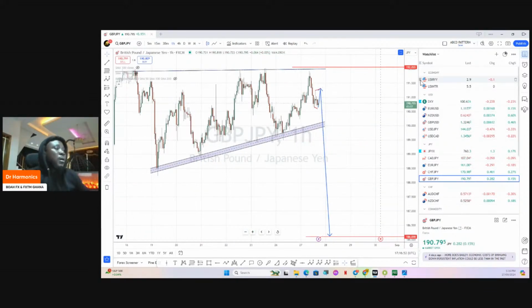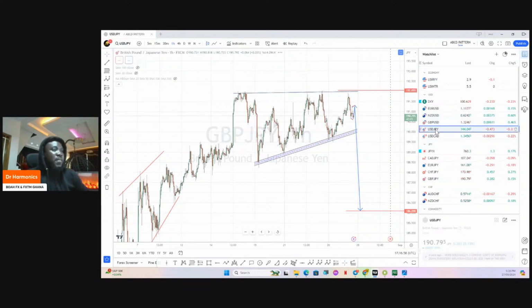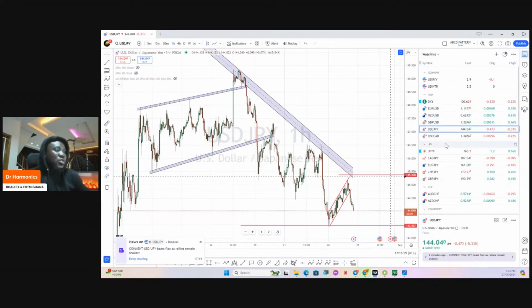My pound JPY, I'm expecting a drop. Same like USD JPY, which has already dropped, so I'm expecting a drop on pound JPY.